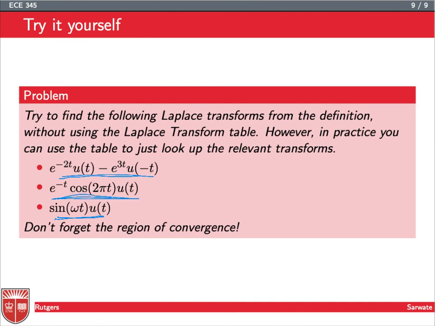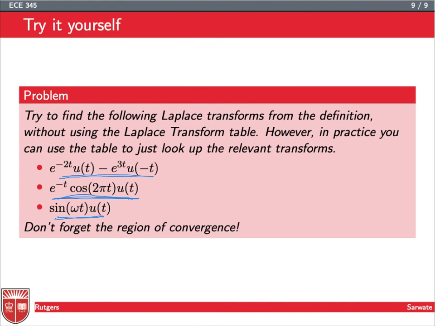And here's one which is a little bit more complicated that involves a decaying exponential times a cosine, and for that you'll have to do again some Eulerization. It's a little bit more messy algebraically, but the point is to derive these once, and then there is a transform table that you can use to simply look up the transforms that you need when you need to do a Laplace transform.